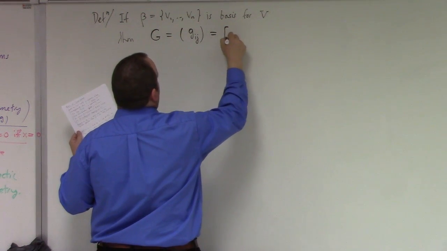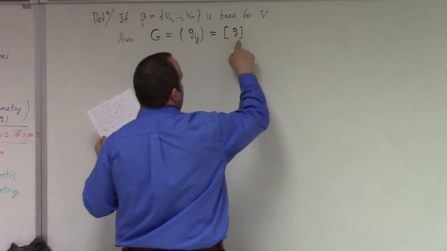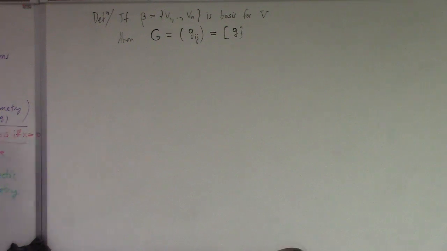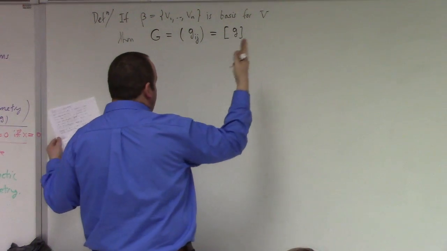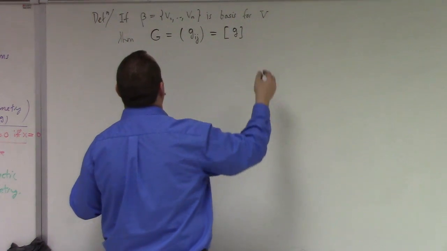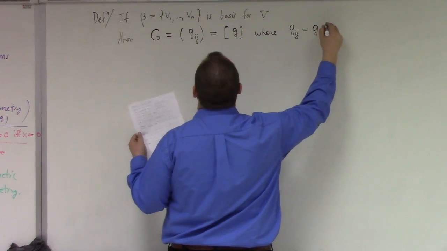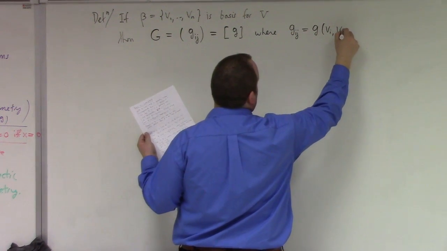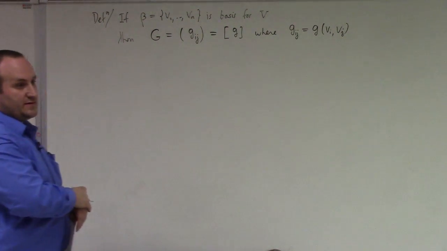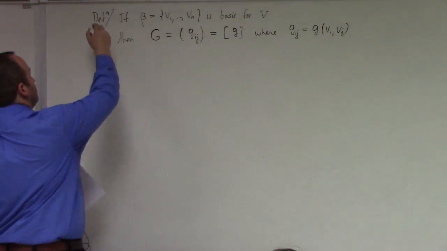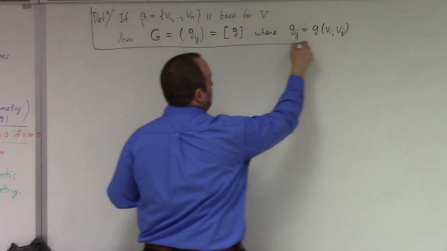You could call this bracket G if you want to. I was sticking a beta beta on this, and I'm going to not adorn the matrix with the basis because it gets old, and we're almost always just talking about one basis, so if you don't mind, I'm going to use that for the symbol. So Gij is just defined to be G of Vi, Vj. It's the value of the metric on the basis, like so. Okay. So big G is the matrix of the metric.